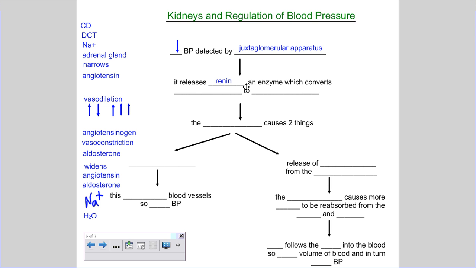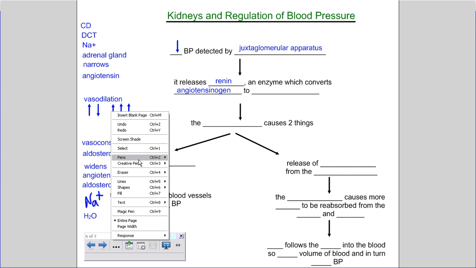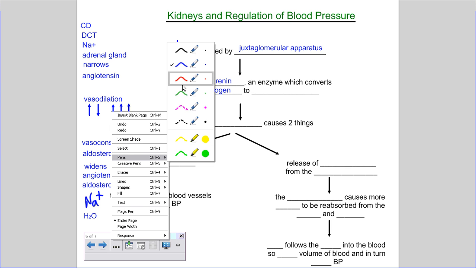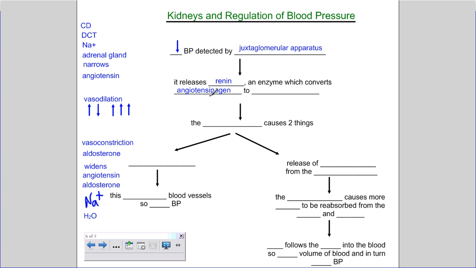Renin's job is to convert this protein. This is a protein that's floating around in the blood. Okay, it's inactive, and the reason we can tell it's inactive in that form is, let me get a pen, this part of the word, okay, inogen.